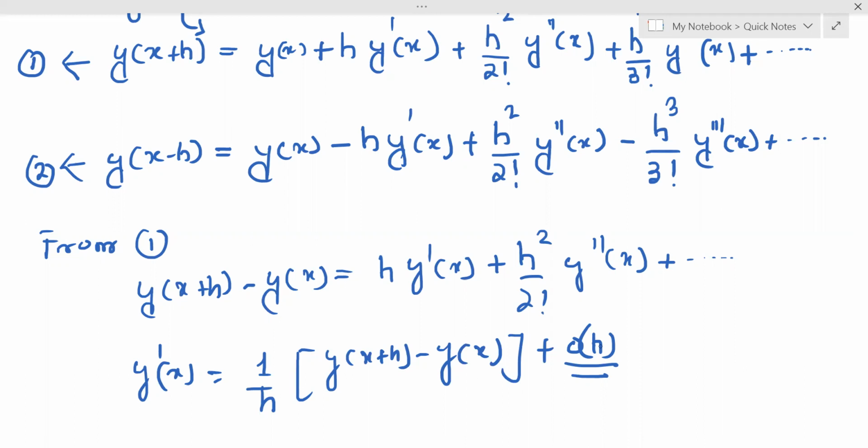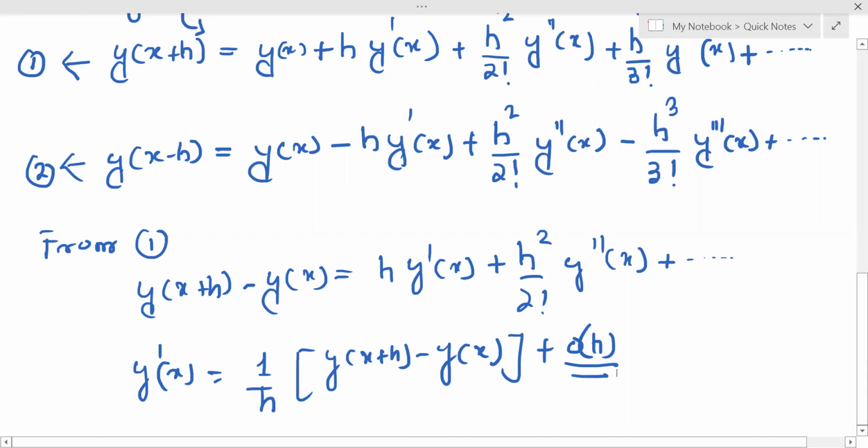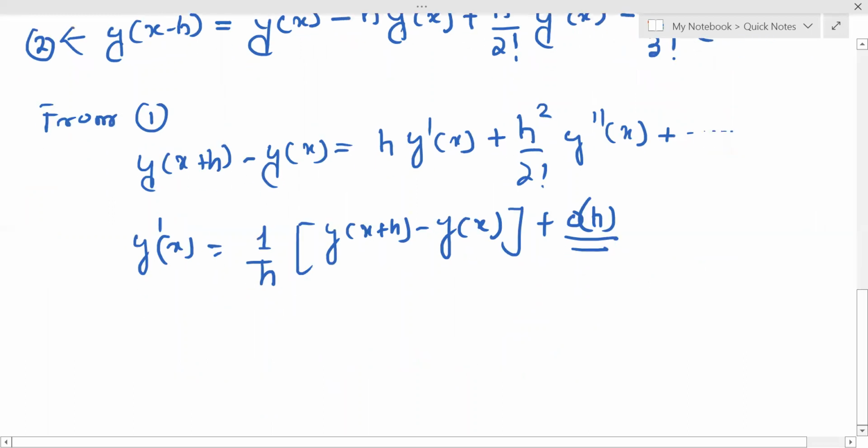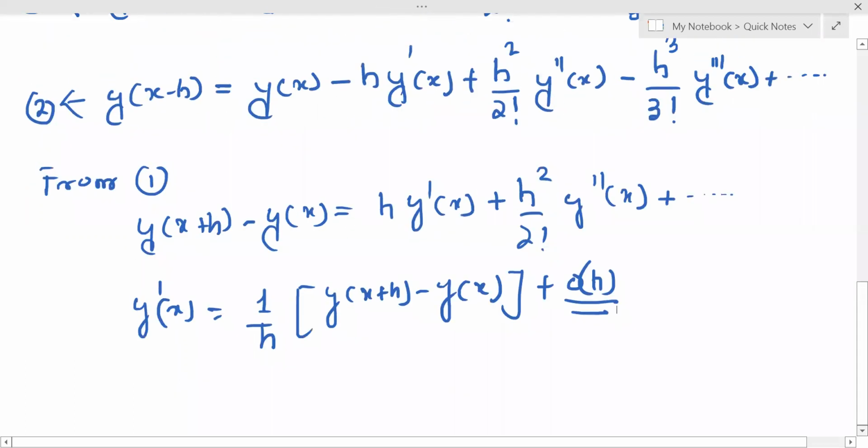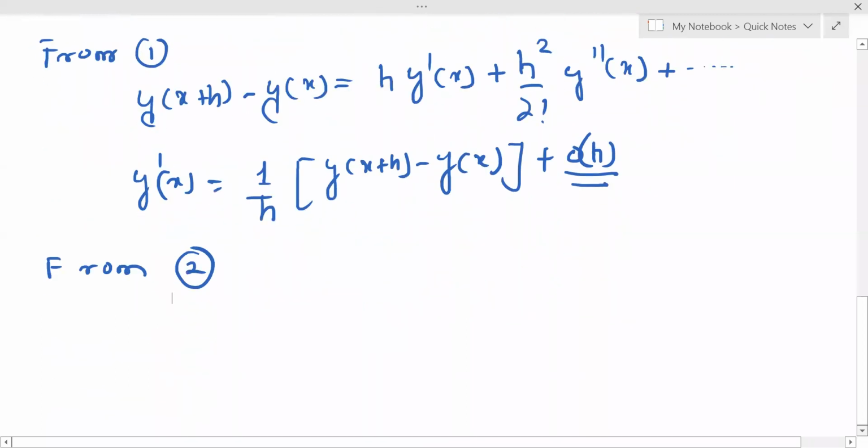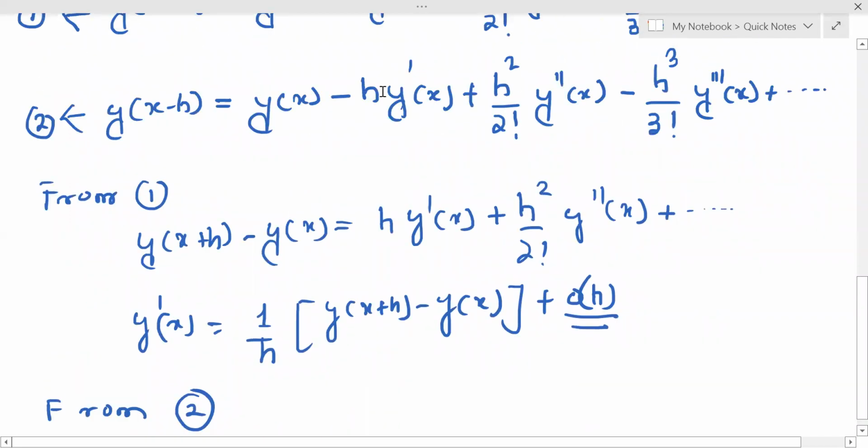Similarly, we can calculate from equation 2 also. Use equation 2. What is equation 2? From equation 2, y(x-h), just you see, y(x) minus y(x-h) by h is equal to y'(x).